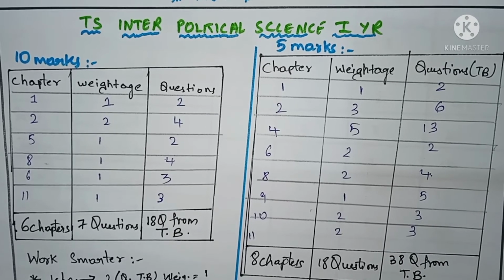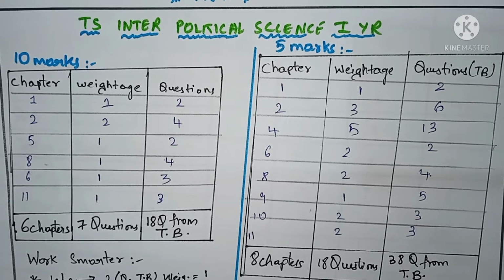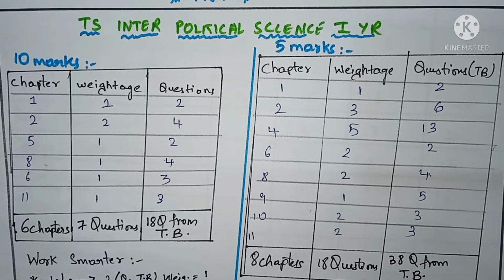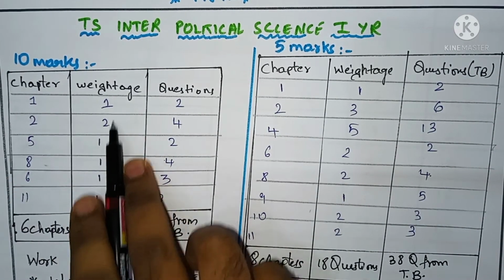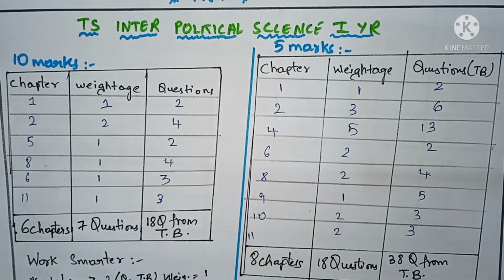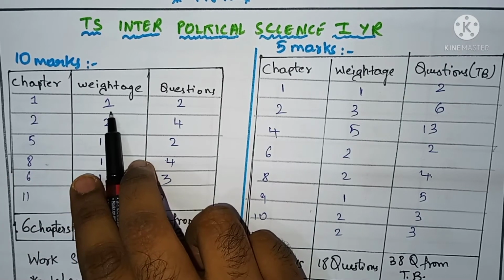Yes, this is our new strategy to prepare for the TS Intermediate Political Science first year 10 marks questions and 5 marks questions. Here we can see chapter-wise numbers, weightage and questions. In the first chapter the weightage is one question.